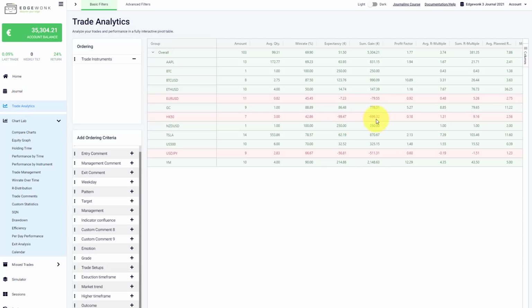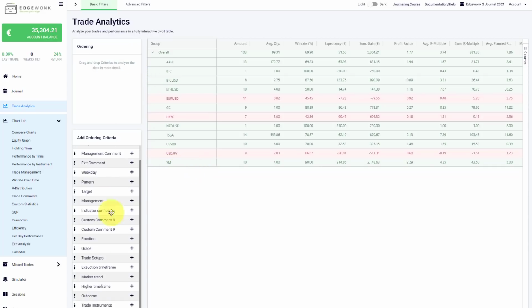And you can see the trader lost overall almost 700 euros on all of the Hong Kong 50 trades. Whereas in comparison, you can see here on Bitcoin, we are almost making 1,000 euros. And on Tesla, we have made 870. And again, Edgewonk can be used for any market worldwide: stocks, Forex, futures, indices, cryptos, and anything else.